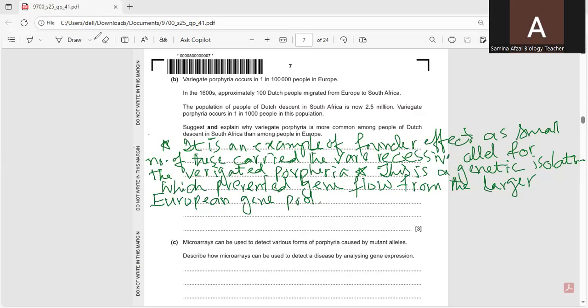This allowed the effect of the initial high frequency to be maintained and compounded over time.